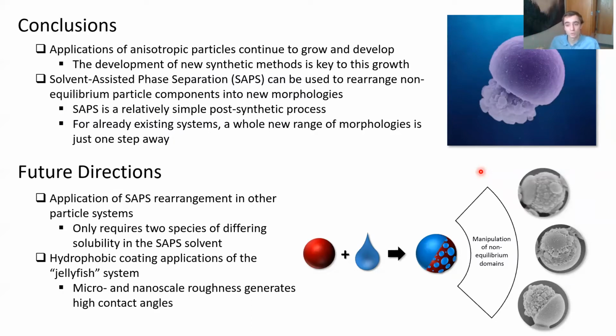So other researchers and other groups that have similar systems might be able to find a whole other range of morphologies just by trying SAPS out on their system. For some future directions, we want to apply SAPS to some other systems and see what other morphologies we can access. And for our system specifically, we can also try some hydrophobic coating applications, as I mentioned before.